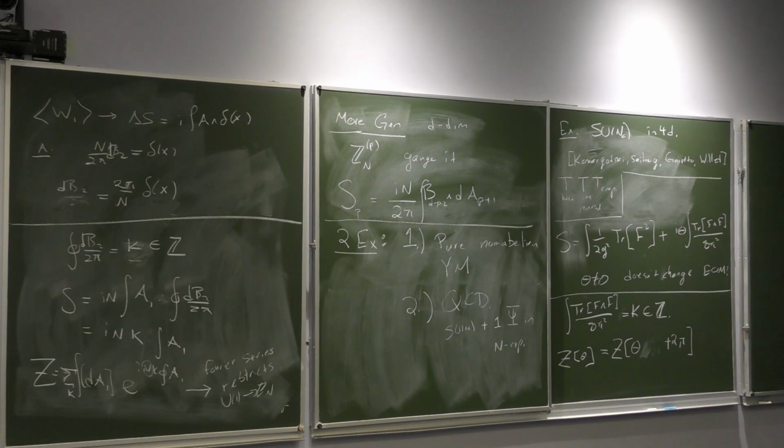And following, sort of unraveling all of the notation, this is z of pi times a nontrivial phase. So this is an anomaly.